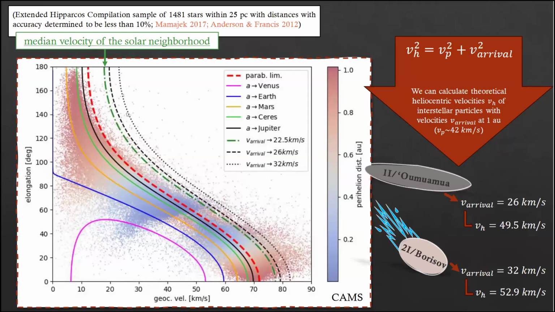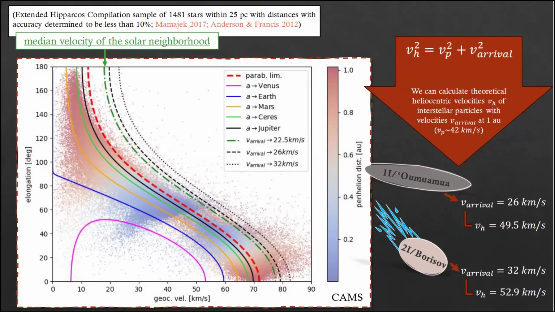So on this graph, I have drawn the median velocity of the solar neighborhood with this green line. It equals 22.5 kilometers per second of arrival velocity. So if we would see a real interstellar population, they would be somewhere along this line.